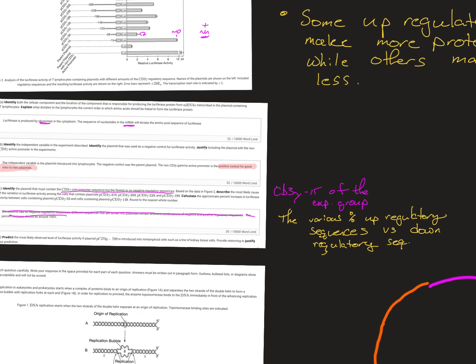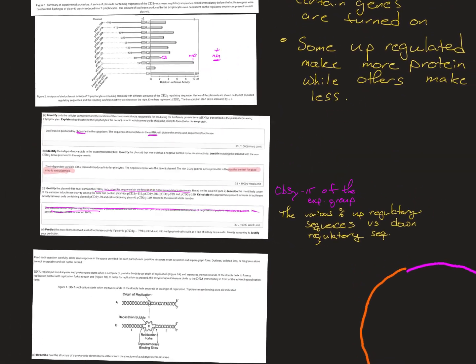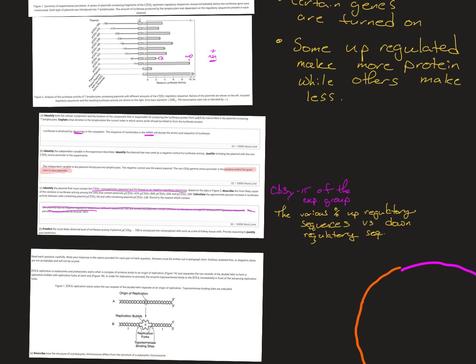Some of those sections are going to be upregulated, some downregulated. You can phrase it any way you want. If I have this one, the regulatory sequence, maybe this is upregulating. This is 15 in, so it gives me a lot of luciferase. That would explain the CD3 gamma 15.